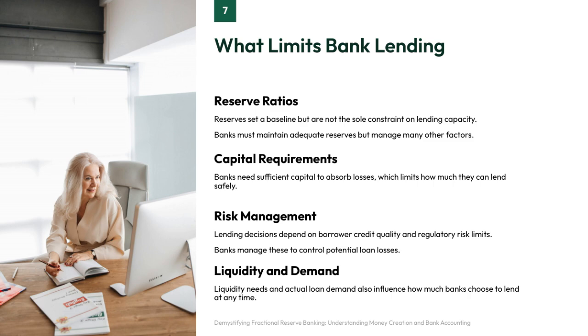Then, risk management comes into play. Lending decisions depend heavily on borrower credit quality and regulatory risk limits, helping banks control the potential for loan losses. Lastly, liquidity needs and actual loan demand also affect how much banks choose to lend at any given time. It's a complex balance between maintaining stability and meeting demand.